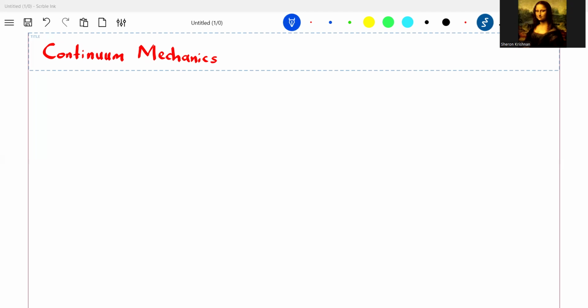In this course, we are going to start with the preliminary level. Then we will move step by step to the advanced level of continuum mechanics. This course will give you the answer for some of the questions you had in your undergraduate courses, especially in strength of materials and solid mechanics.